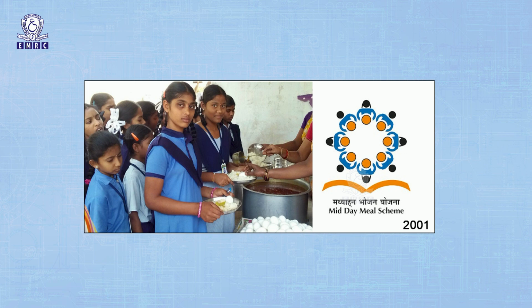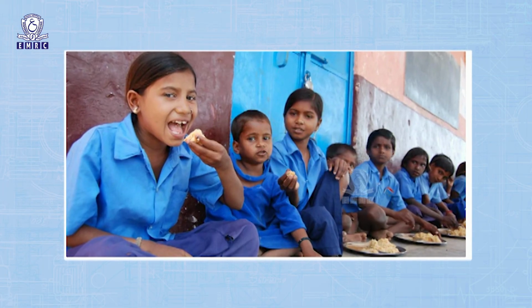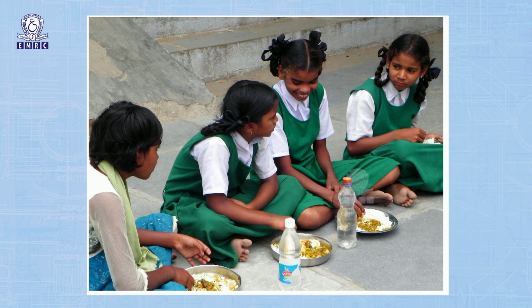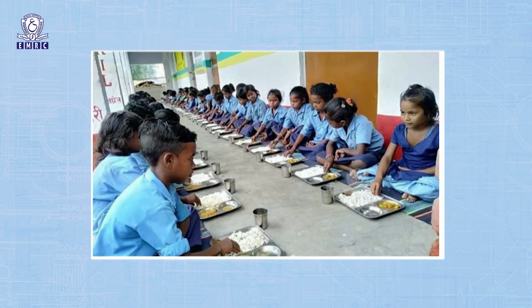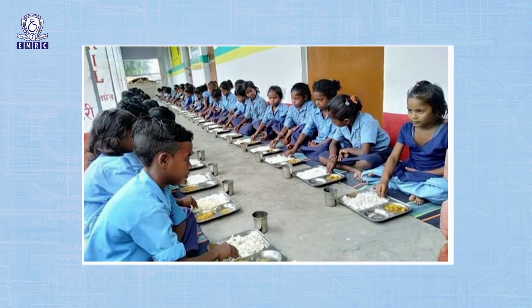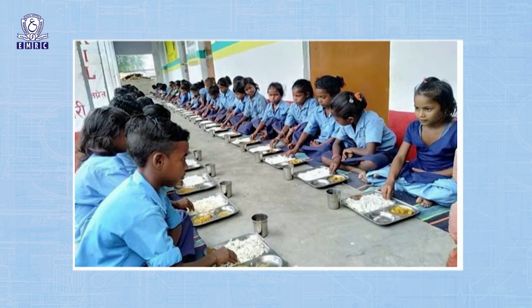In 2001, MDMS became a cooked midday meal scheme under which every child in every government and government aided primary school was to be served a prepared midday meal with a minimum content of 300 calories of energy and 8 to 12 gram protein per day for a minimum of 200 days.